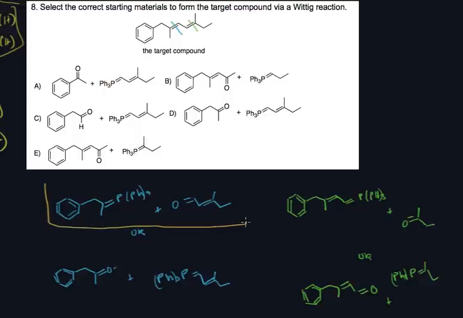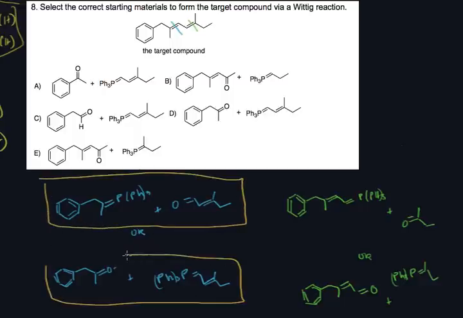So you could have this set of reagents or this set of reagents. So 1 and 2, if you split up this carbon-carbon double bond that I've highlighted in blue. Likewise, you could split up the carbon-carbon double bond that I've highlighted in green and do the same thing. Just substitute the triphenylphosphine on one side and the oxygen on the other side.